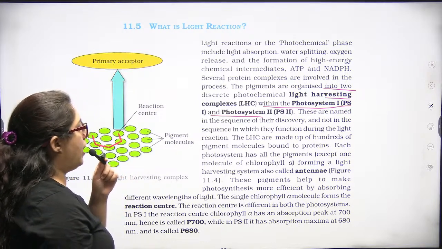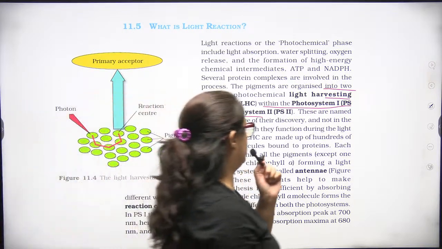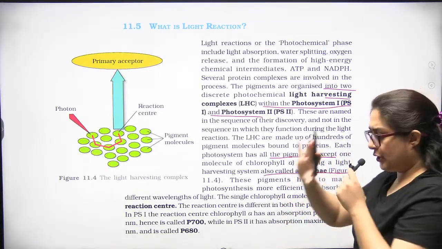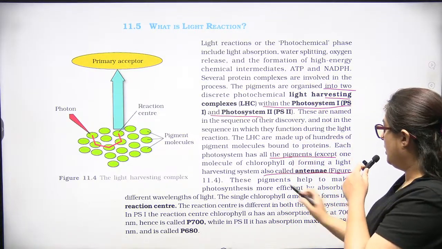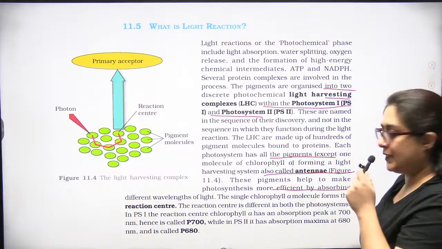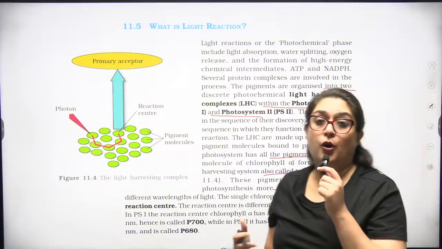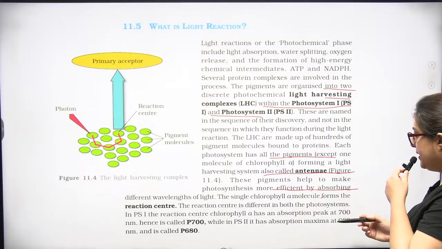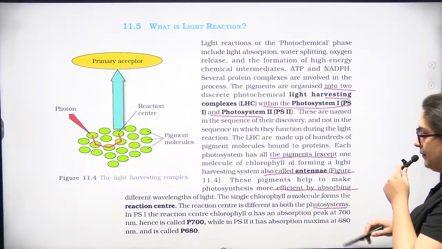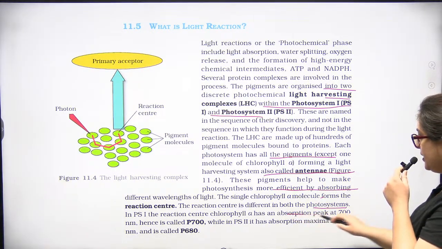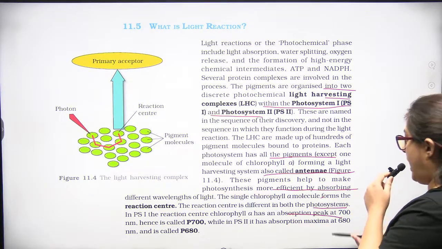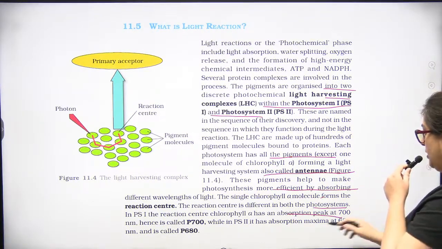LHCs are made up of hundreds of pigment molecules, each photosystem forming a particular bundle, that is antennae. These pigments help photosynthesis absorb light of various wavelengths. The reaction center is different in both photosystems. In PS1, the reaction center chlorophyll a has an absorption peak at 700 nm, hence it is P700.